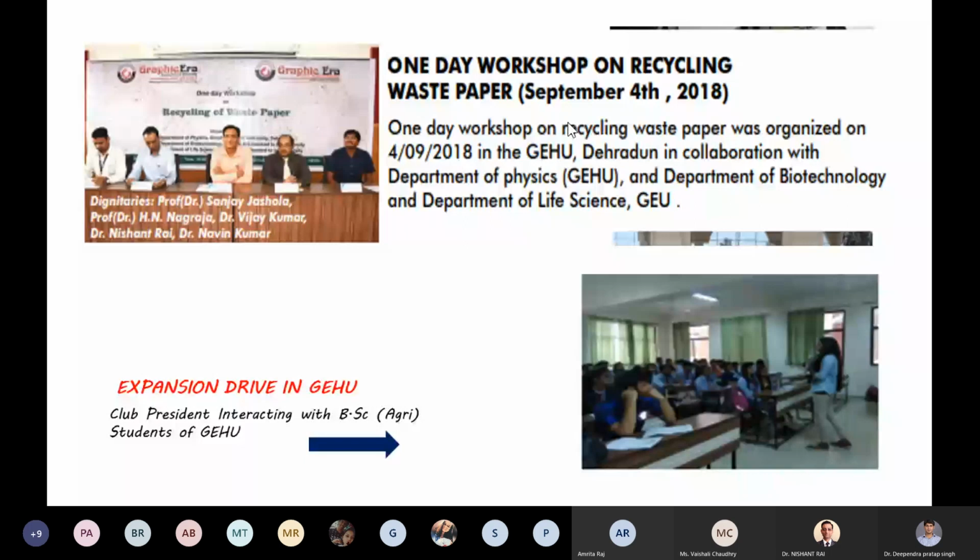The certificates given to the participants in this workshop were also generated from waste paper. Through this workshop, we also got an opportunity to expand our membership to Hill University. The club president also interacted with the BSc Agriculture students and inspired them toward entrepreneurship and to get involved in the Biopreneurs Club.